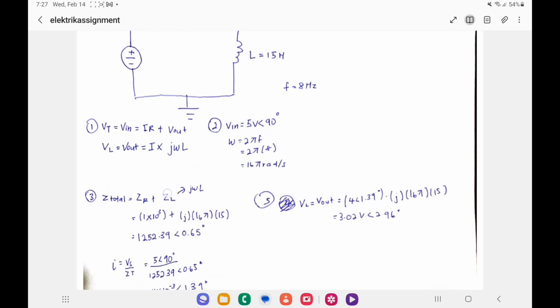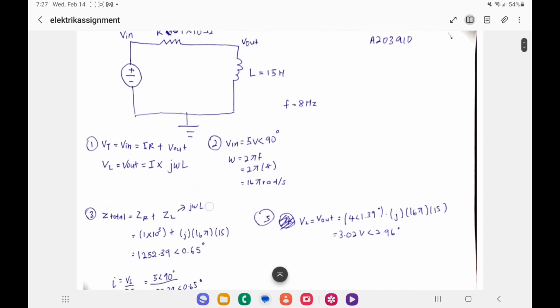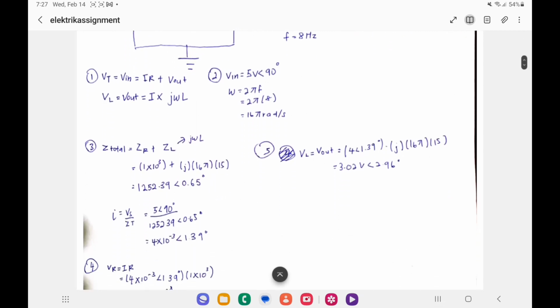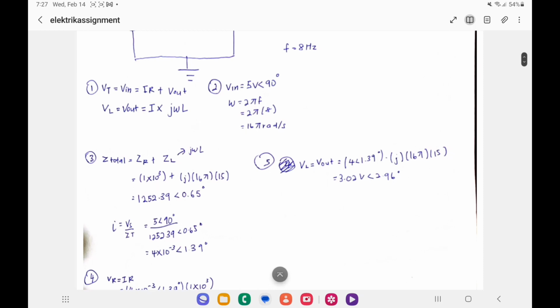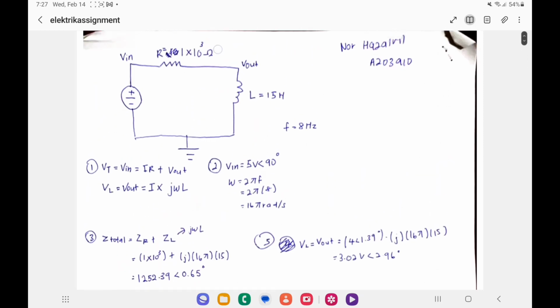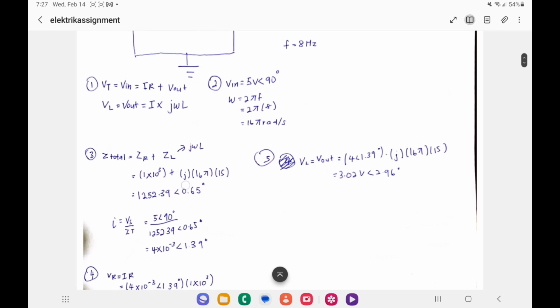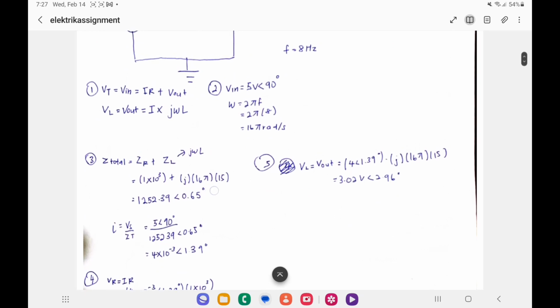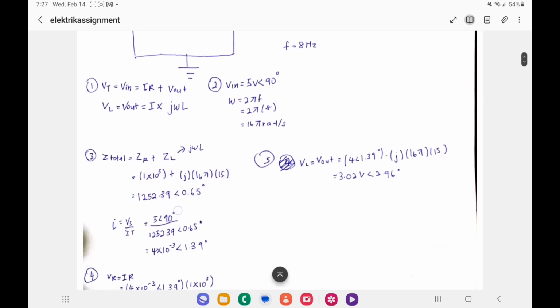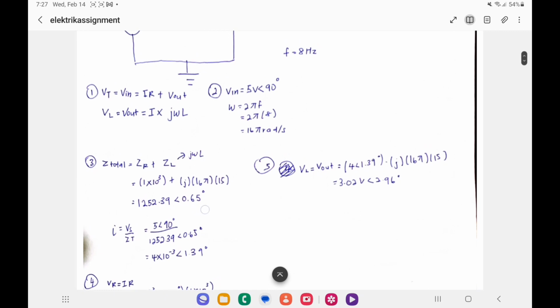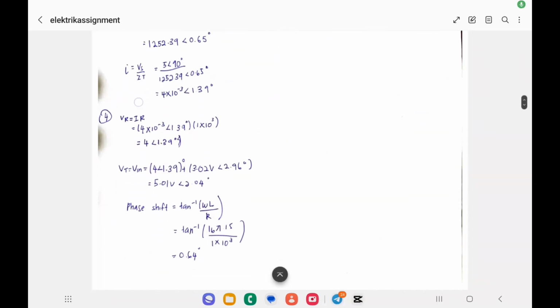ZL we can obtain by this equation, j times omega times L. ZR is equal to 1000 ohms, plus j times 16 pi times 15, and then we will get 1252.39 at 0.65 degree.